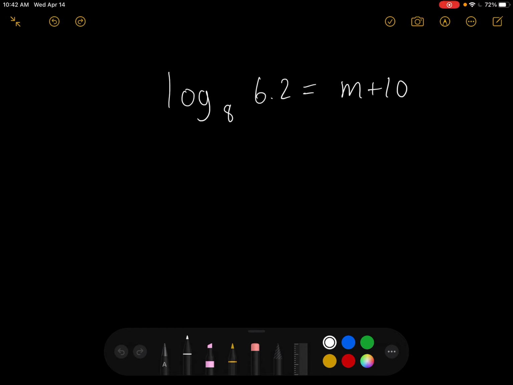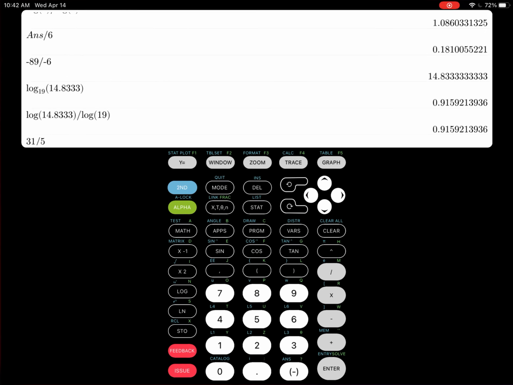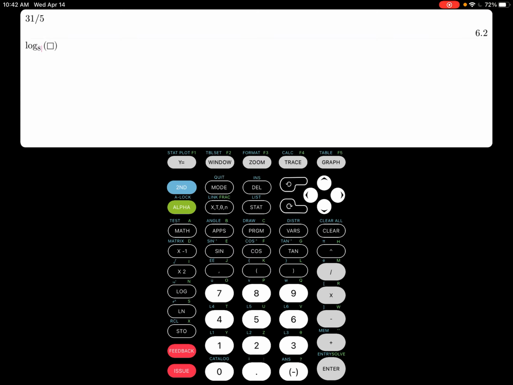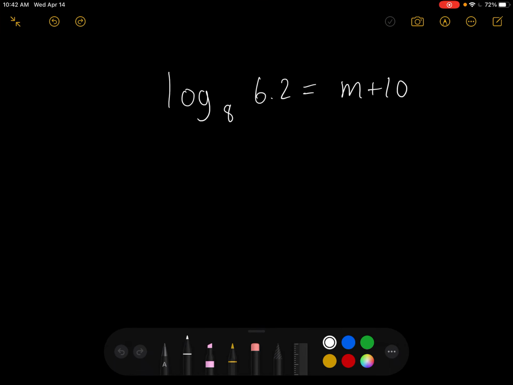right? So now we're going to get a value for this, right? So log base 8. So you're going to click math. Log base 8 of 6.2 is this. If you don't have that function, you're going to change this to log of a, which is 6.2, over log of 8, which is b, is equal to m plus 10.